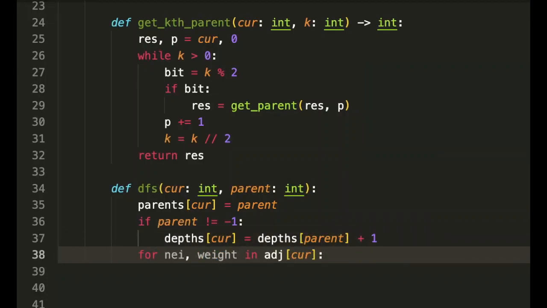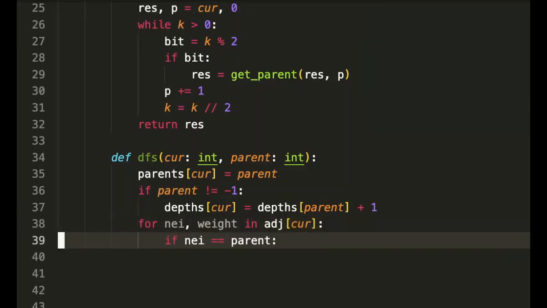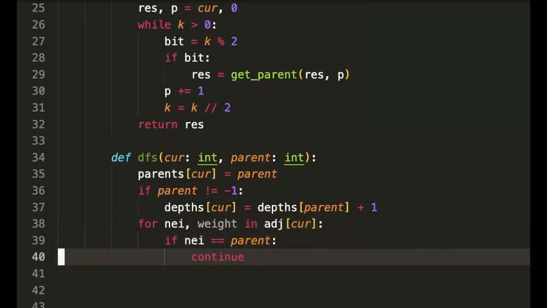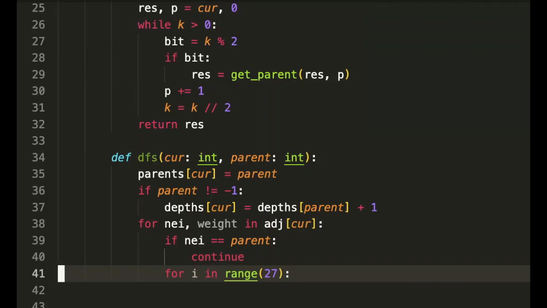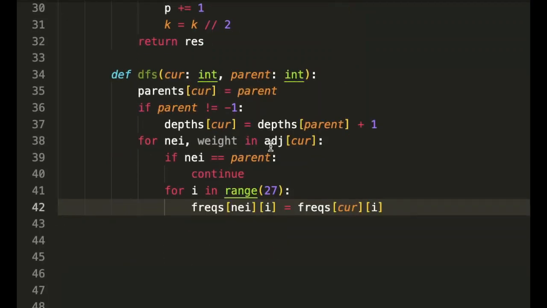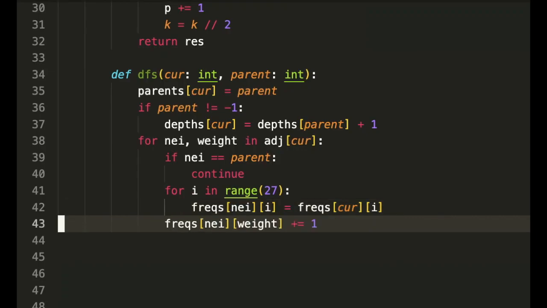And then we're going to iterate over every neighbor. If the neighbor is the parent, we're going to skip it because we don't want to revisit it. Otherwise, we're going to go through all the possible weights, and copy all the weights of the current to its neighbor, plus the current edge.